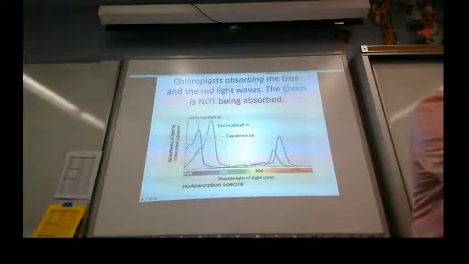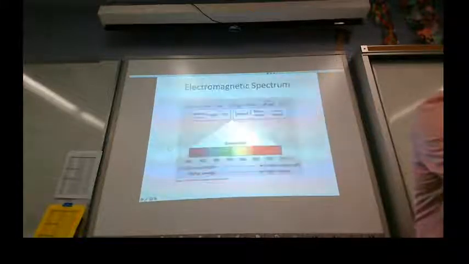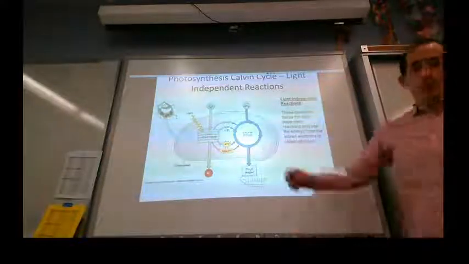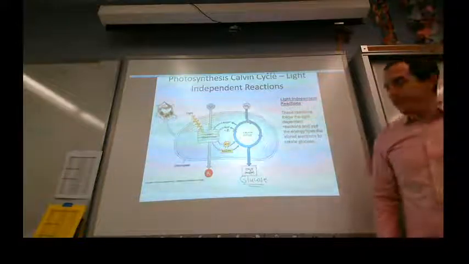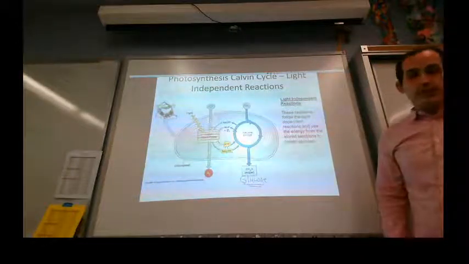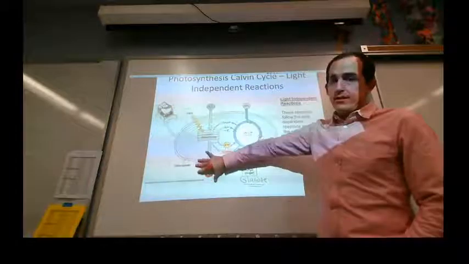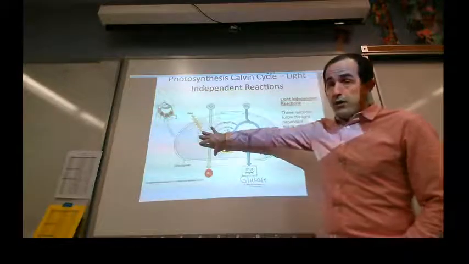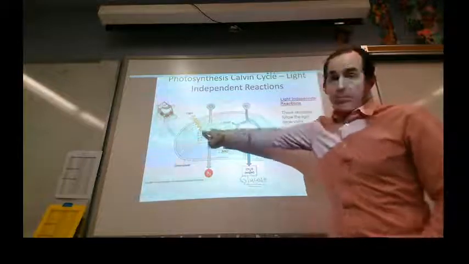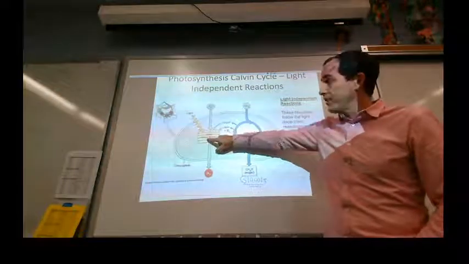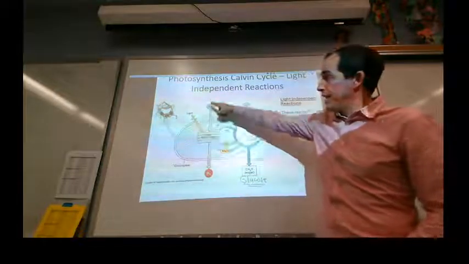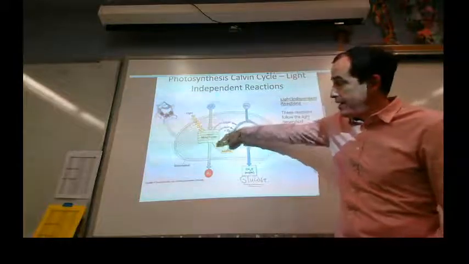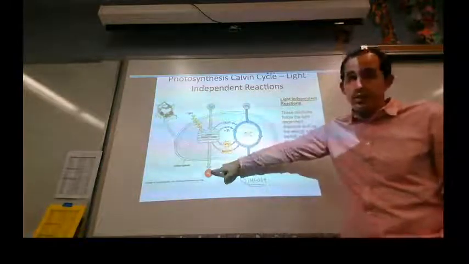Okay. So, to review, and then I'll let you guys go. We have our two major parts of photosynthesis. Today we talked about this, okay, at least the starting portion of this. How on the inner membrane of the chloroplast, on those thylakoids, we're using energy from light and water to create ATP, NADPH, and oxygen.